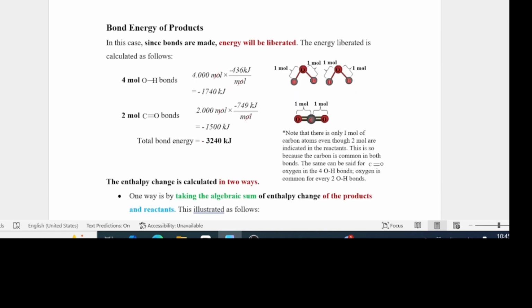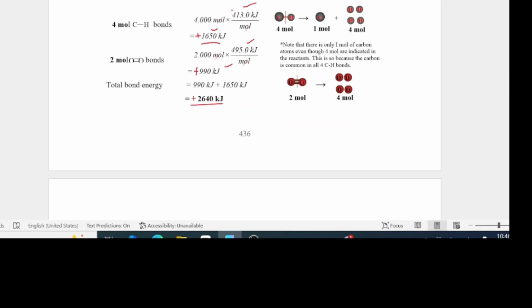So we now calculate the bond energy of the products. This is the bond energy associated with O-H bonds when they've been formed. That's why now you're going to see a negative sign here. In the previous case, we didn't need to put in any positive sign, because leaving it like that represents positive.